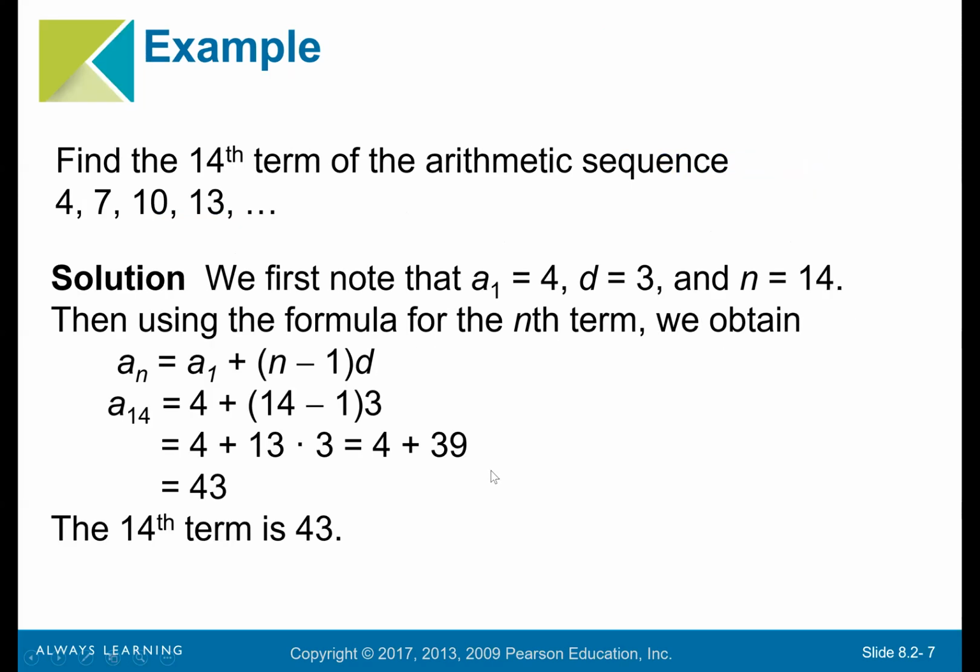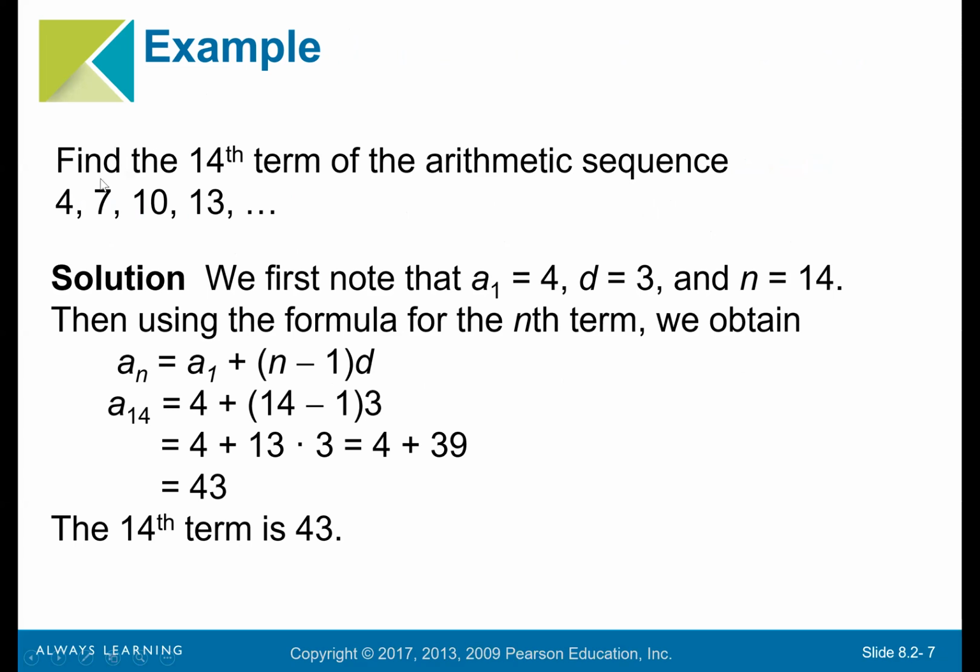So if we want to find the 14th term of the arithmetic sequence 4, 7, 10, and 13, you need to know 3 things. You need to know a sub 1, which we can easily see is 4. We need to know n, and n will always be the term they're looking for. So in this case, n is 14.